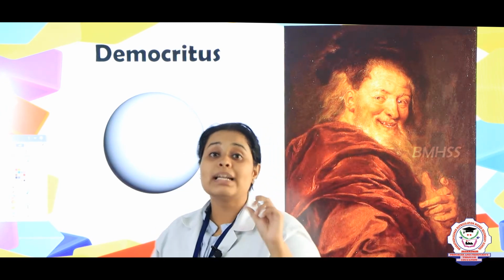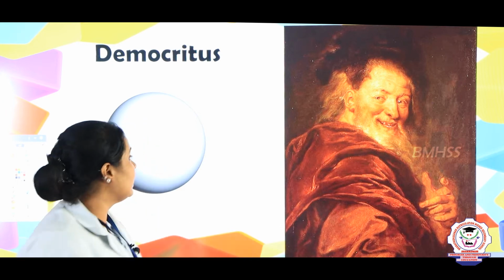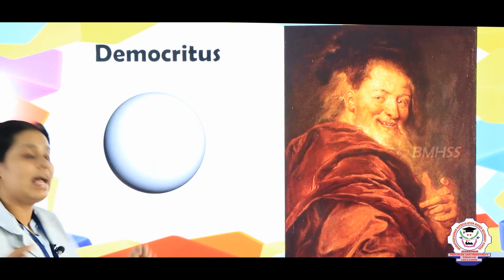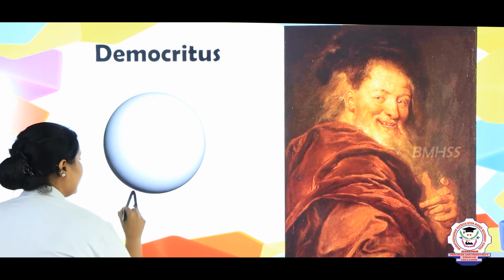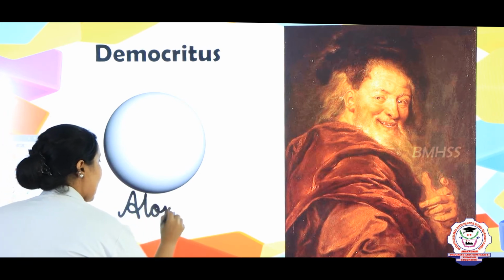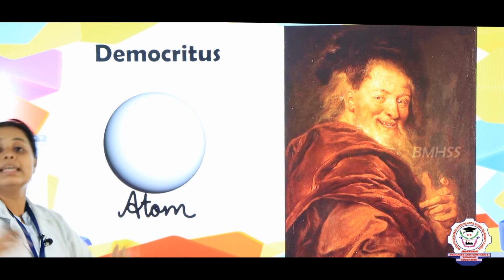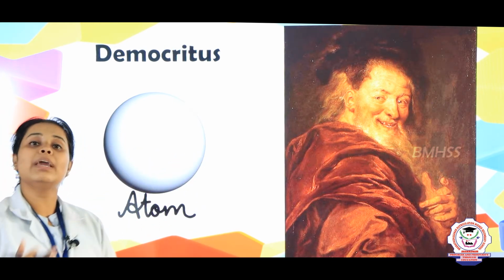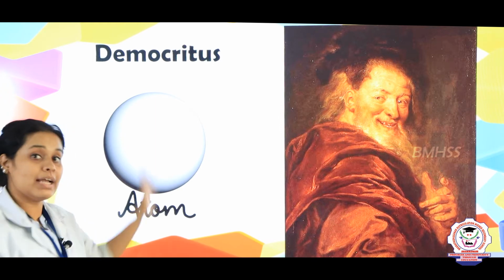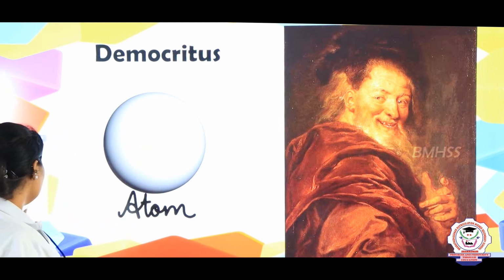That indivisible substance, he named it as an atom. So he was the person who coined the word atom for an indivisible substance. So this is the shape or design of an atom that he discovered, okay.